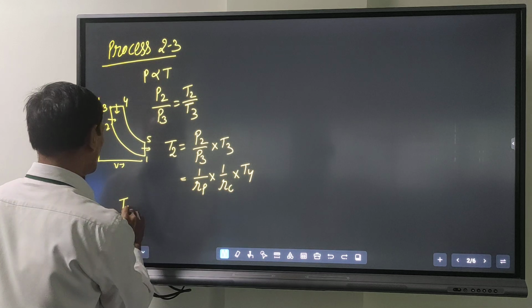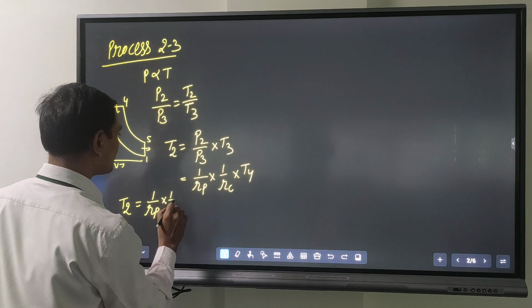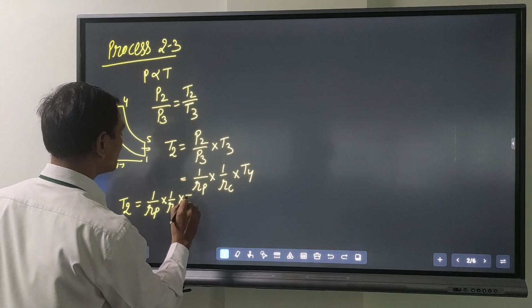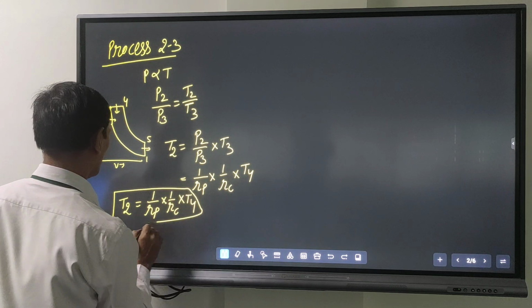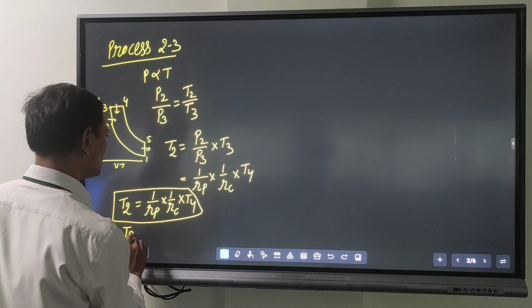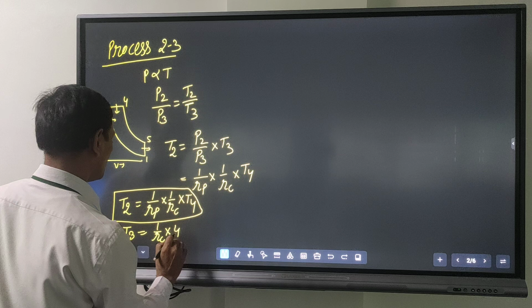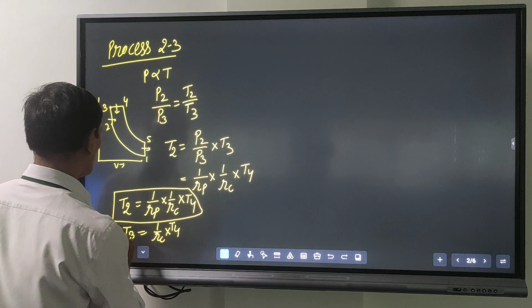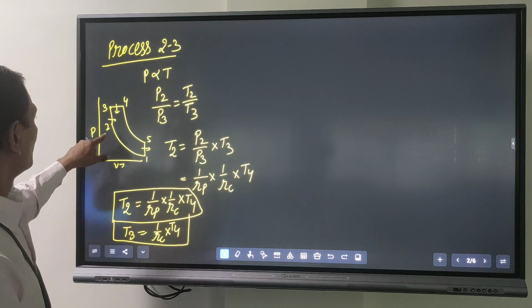So T2 is equal to 1 by RP into 1 by RC into T4. I have found the value of T2 and T3. Okay.